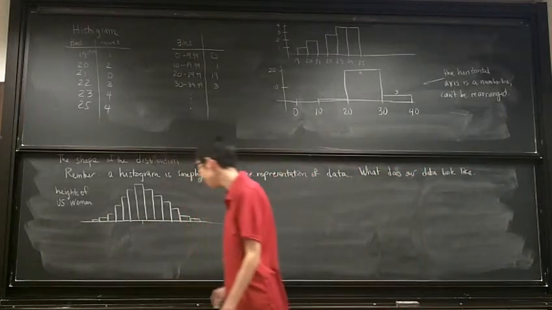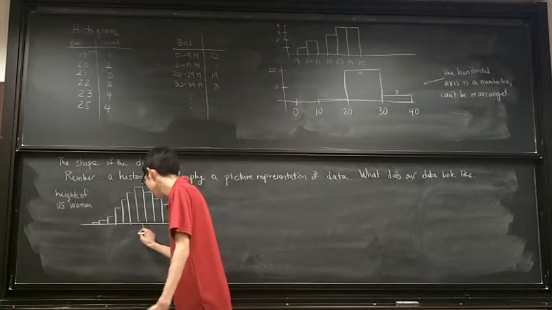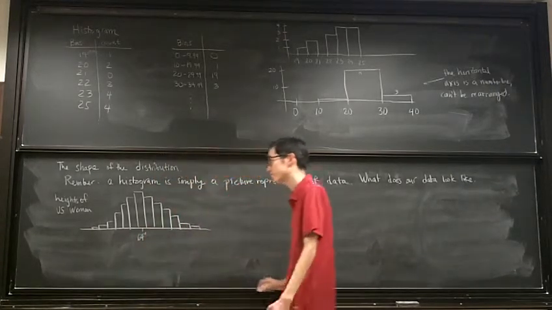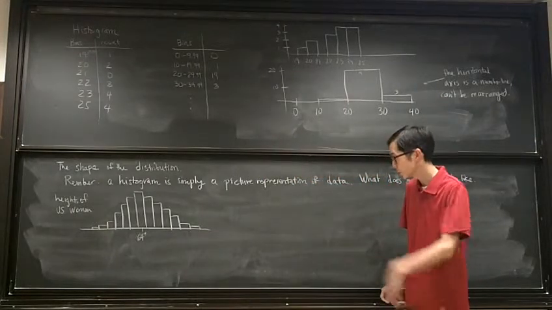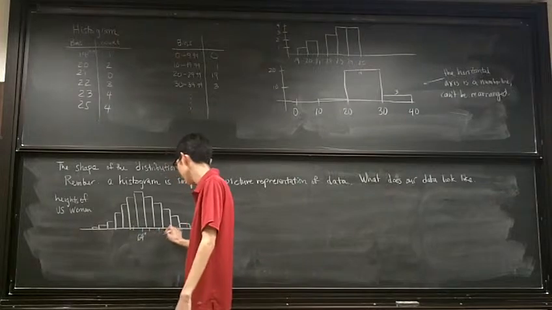And the center is around 5'5", 5'4". So we'll just say the center's at 64 inches. And some women are taller and some women are shorter.